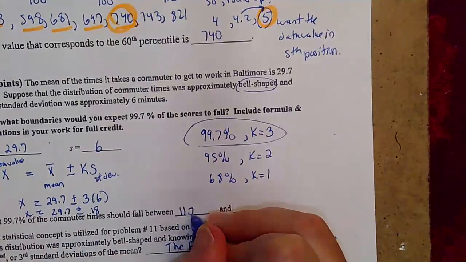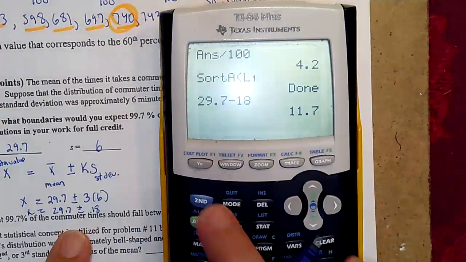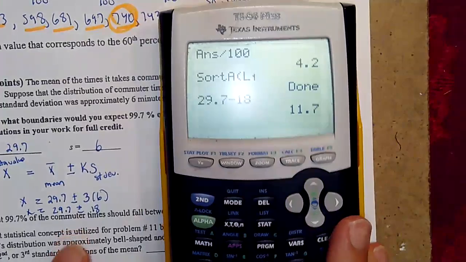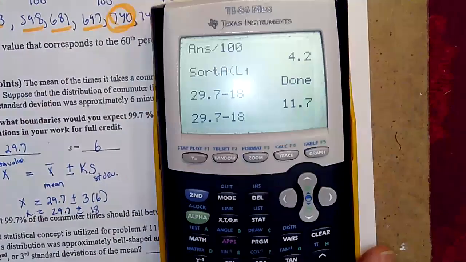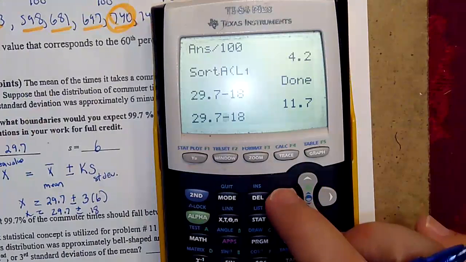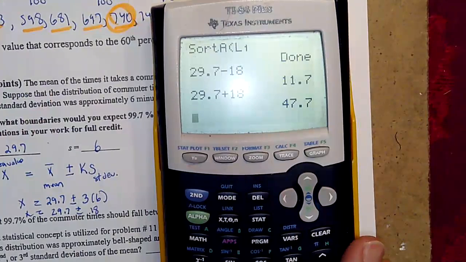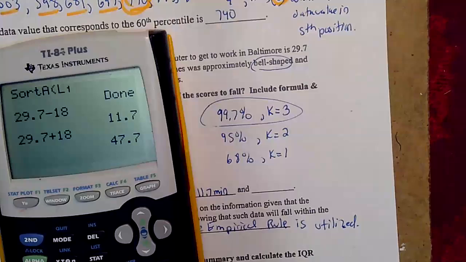That would be the small, minutes. This is minutes. And then you can just do a second enter, and it copies that back. And then just backspace, and change this to a plus. And hit enter. Now you get 47.7. 47.7.